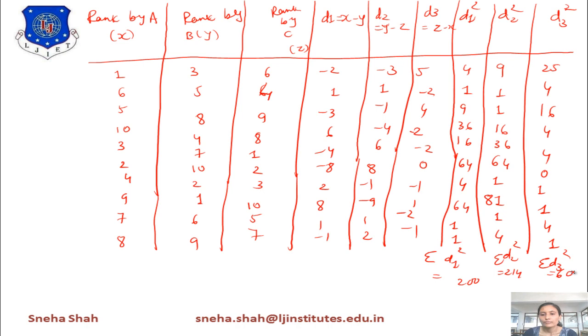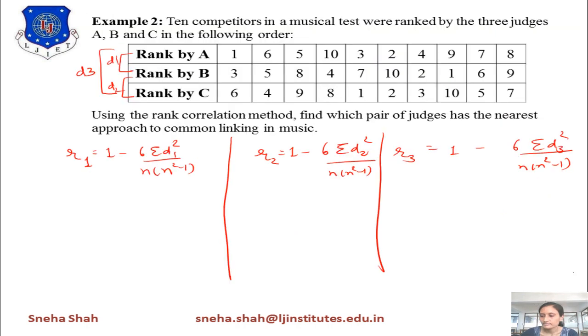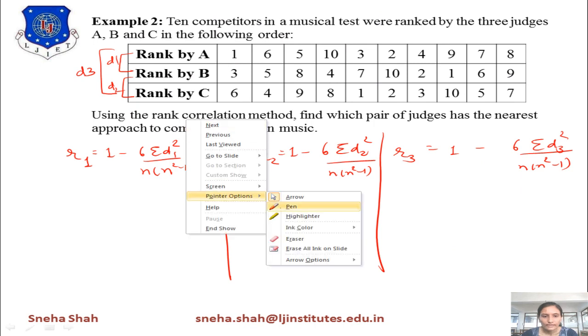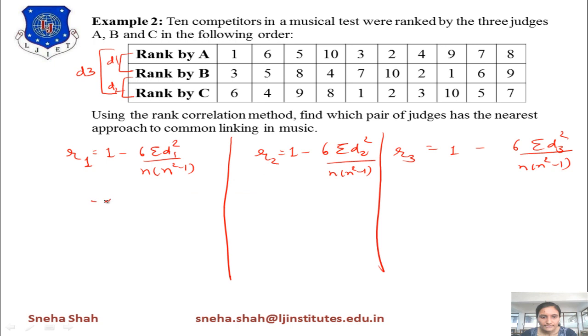Now we will put all these values in this equation. So 1 minus 6 sigma D1 square, the value of which is 200, divided by n, where n equals 10, so n into n square minus 1 is 10 into 100 minus 1. If we find this value, the answer is minus 0.21.